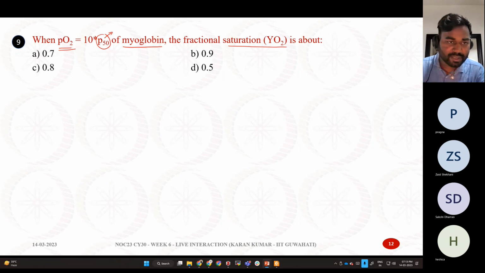What is the equation of fractional saturation? Myoglobin bound to the oxygen will generate MbO2.